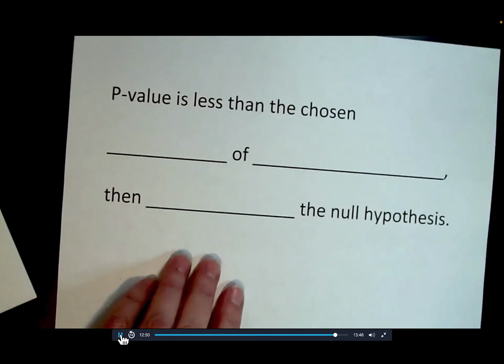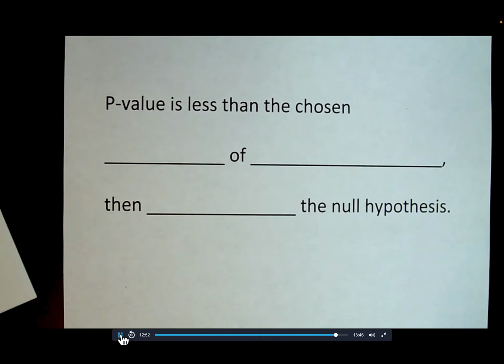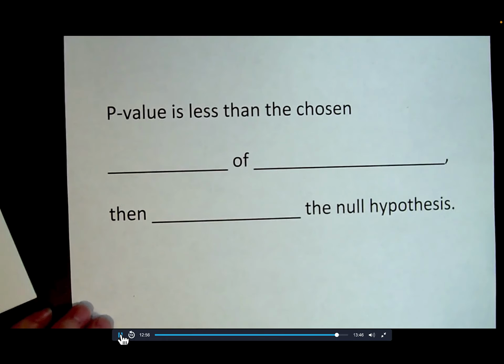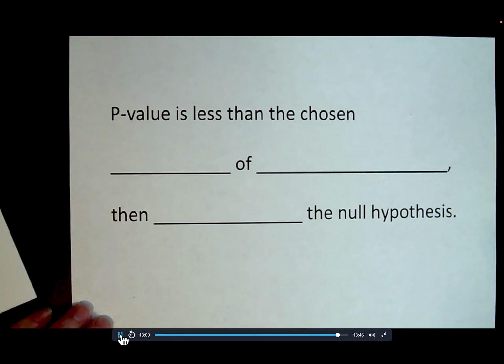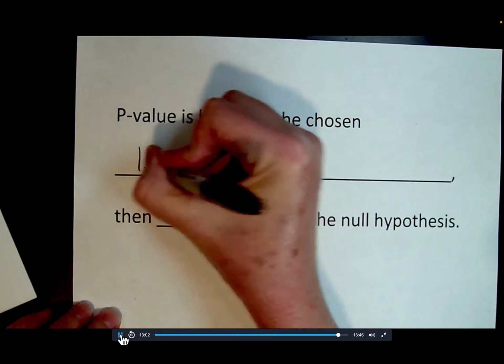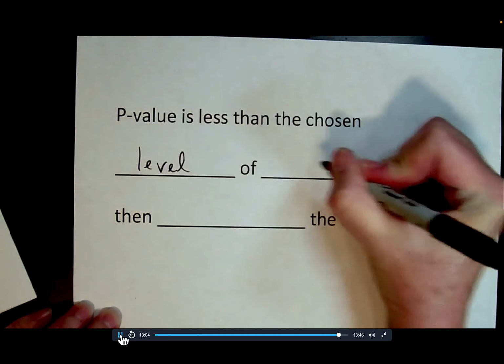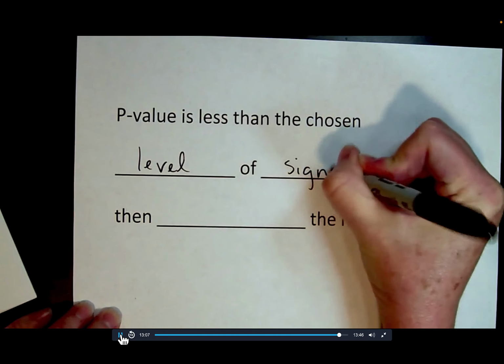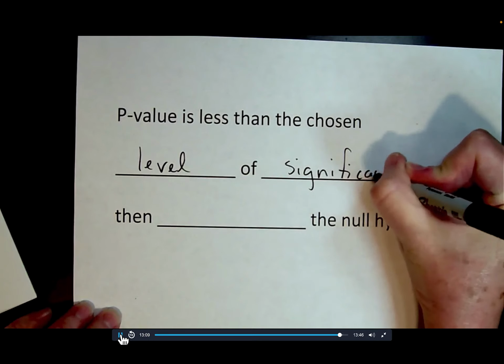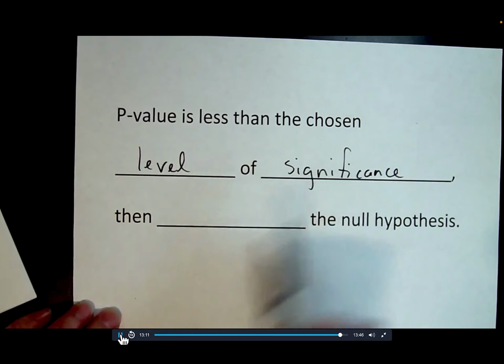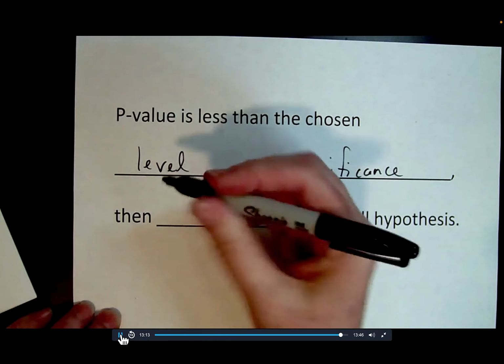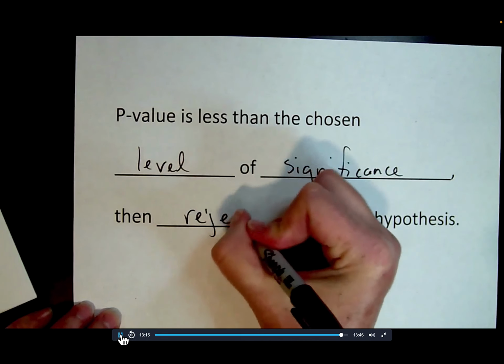I didn't drag that into this example, but in all the upcoming examples we will have a level of significance. So if the p-value is less than the chosen level of significance, then we will reject the null hypothesis.